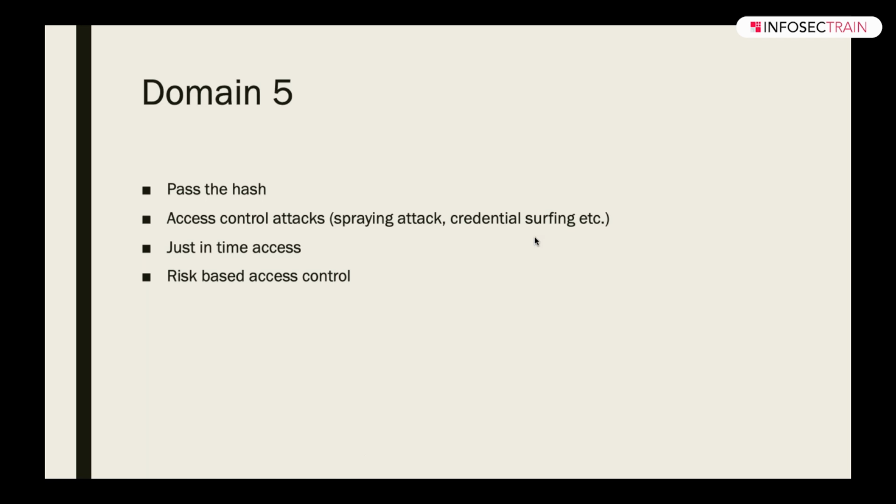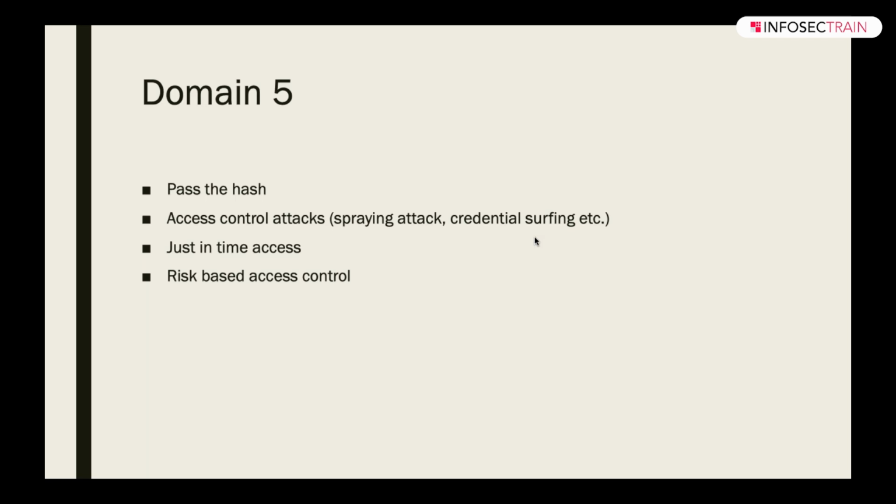Just-in-time access. Well, this provides the access provisioning capability in real time. It does help any organization when they're building or establishing a zero trust architecture. Just in time does support the establishment of zero trust.